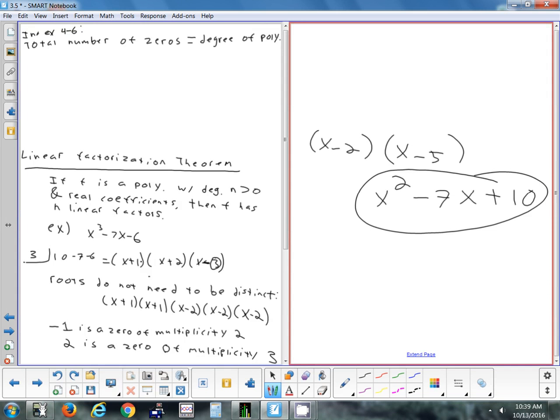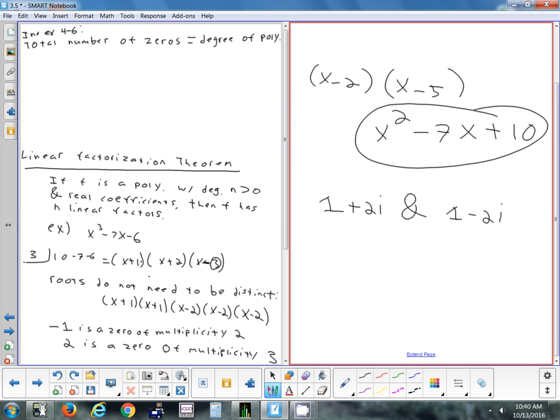Same idea. If I told you 1 plus 2i is a root, what else do you know is automatically a root because they always occur in pairs? Right. That's the first thing. Second thing.